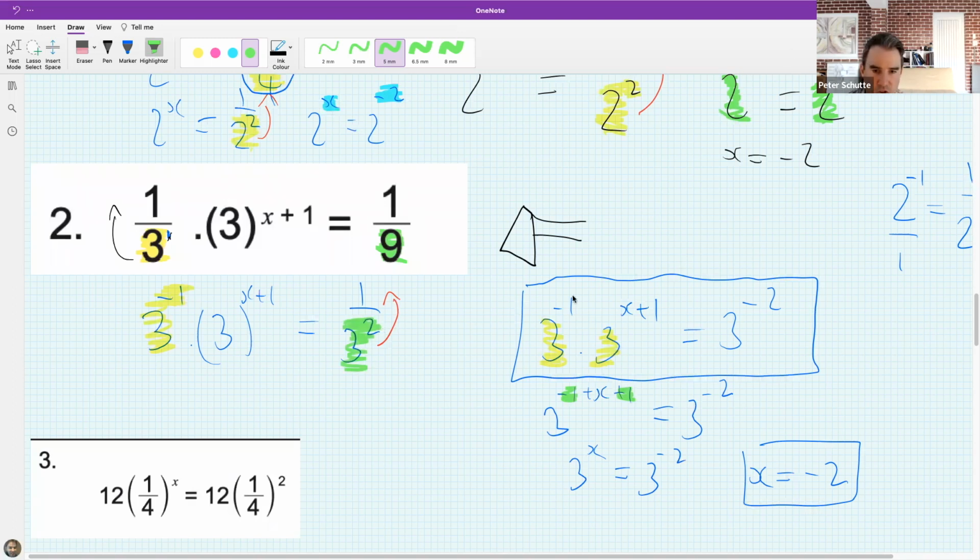And when it goes to the top, it becomes 3 to the minus 2. And the next step is to say, okay, well, these are all 3s. Now I'm just going to add the powers, and I'm left with 3 to the x. And on this side, I have 3 to the minus 2, which means I can just focus on the fact that x is minus 2. And that's my answer.